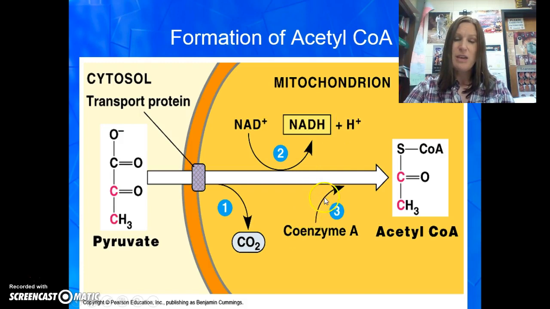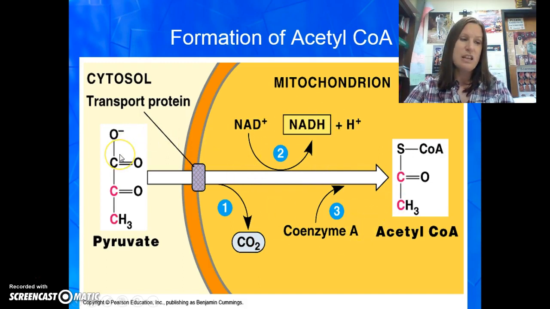And then coenzyme A is going to come in and attach to that acetate. And so now we have this 2-carbon molecule called acetyl coenzyme A. Okay? Again, this is happening in the mitochondria right here.